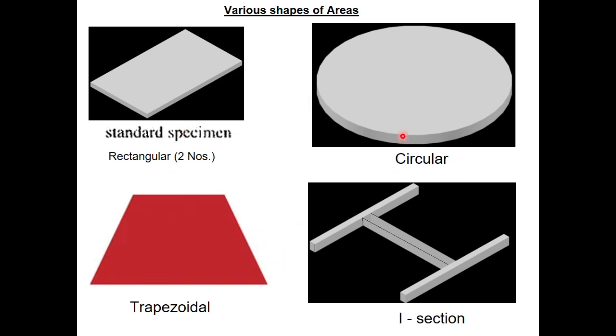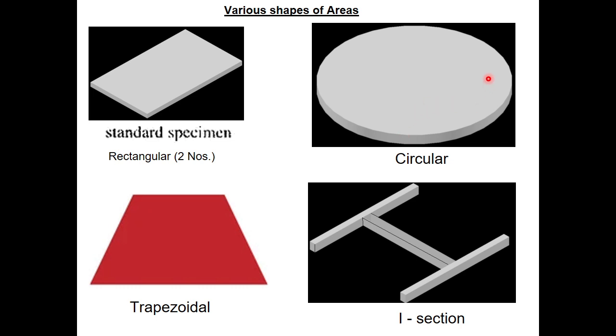Here we know what the principal directions are. Actually, if axes of symmetry exist in a particular shape, then those are the principal axes, about which we get the maximum and minimum moment of inertia.